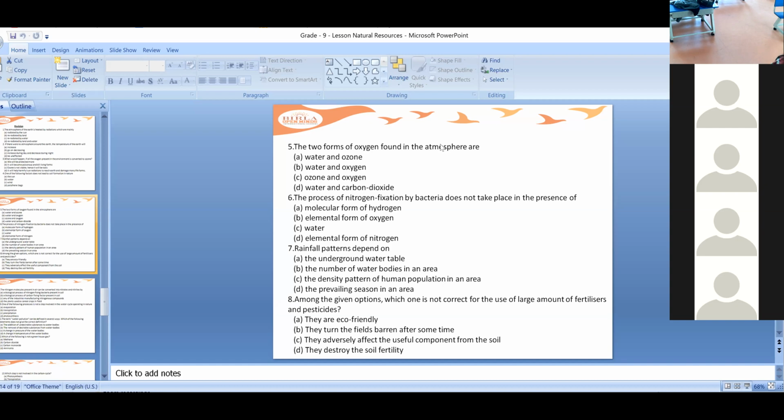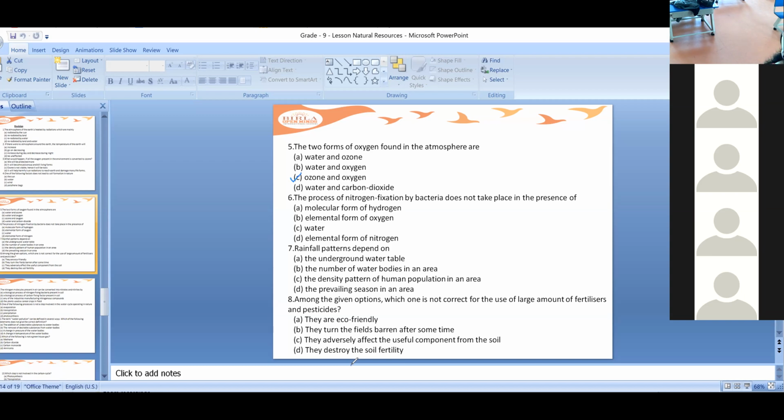The process of nitrogen fixation by bacteria does not take place in the presence of molecular form of hydrogen, elemental form of oxygen, water, or elemental form of nitrogen.